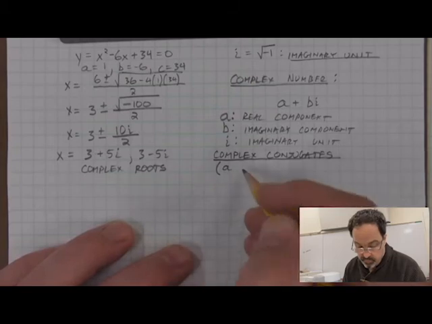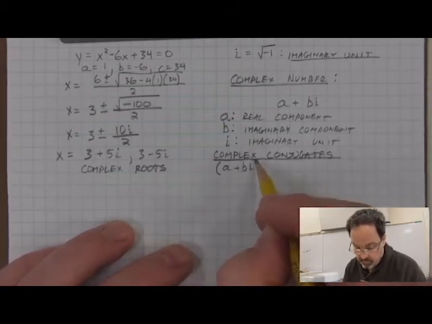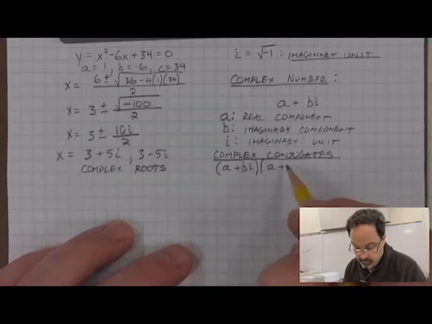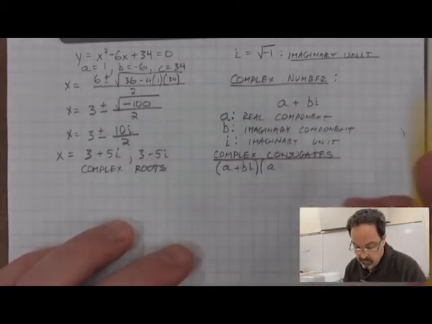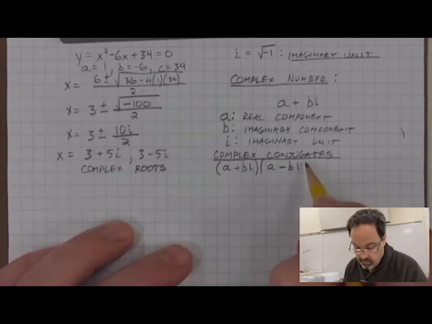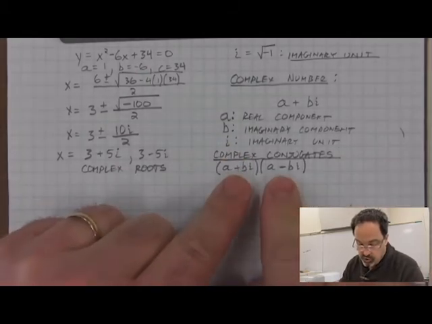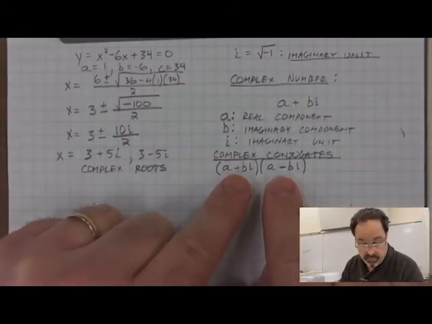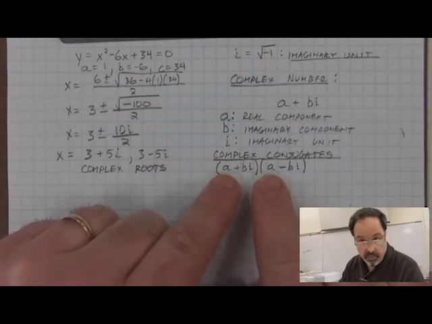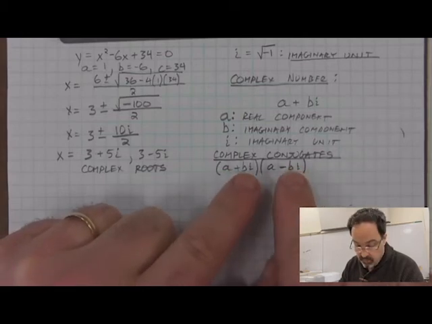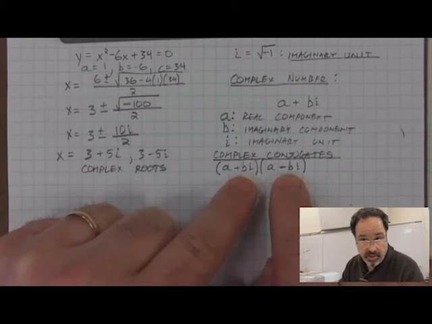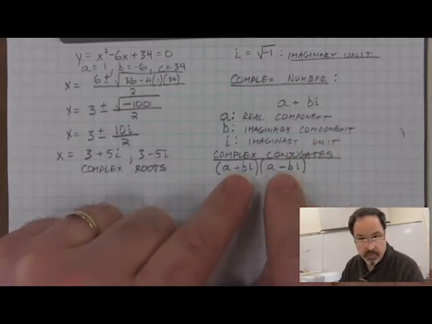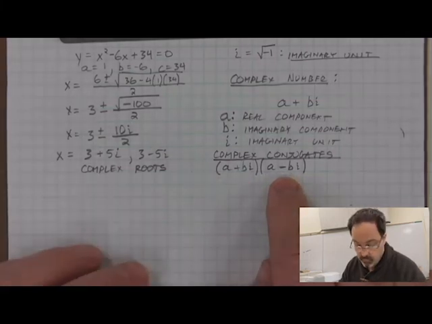And it will always be true that when you multiply complex conjugates, in general form, we have two complex conjugates. They have the same real component a. They have their imaginary component b equal in magnitude but opposite in sign. We can see that we're adding here and subtracting there. Let's see what happens when we multiply these two complex conjugates.